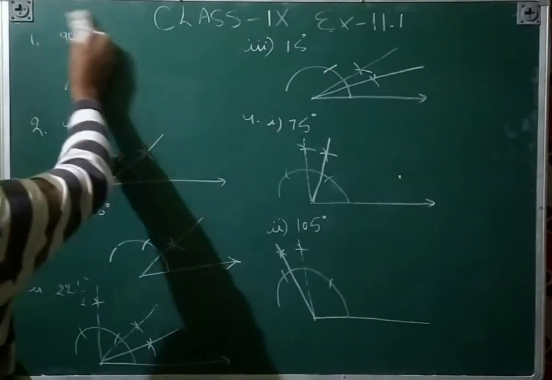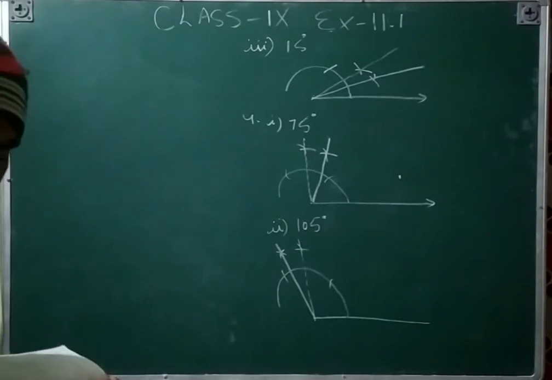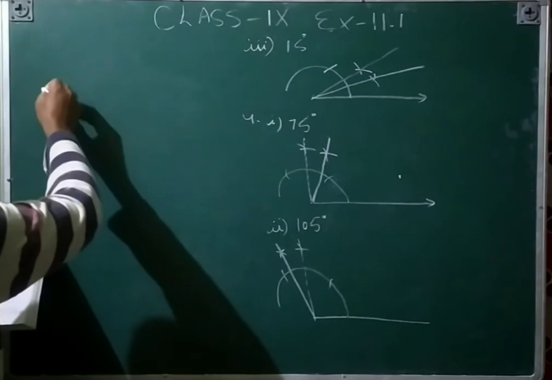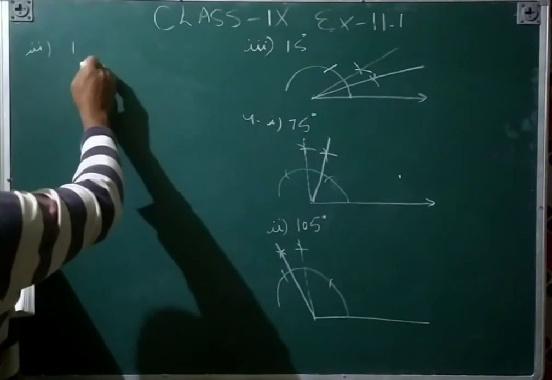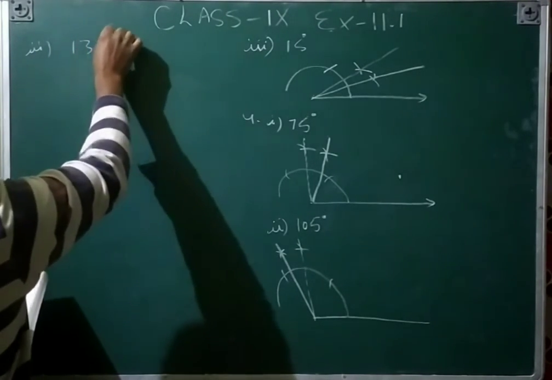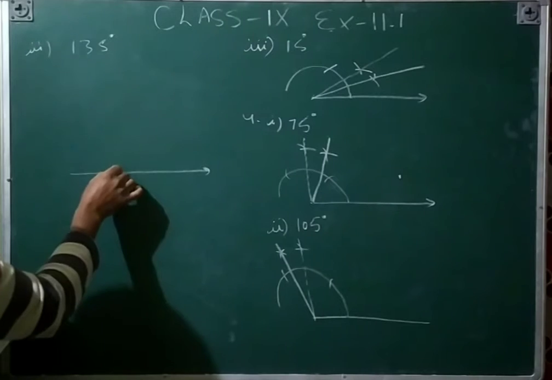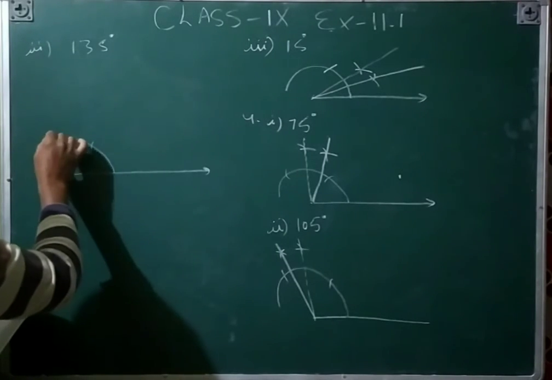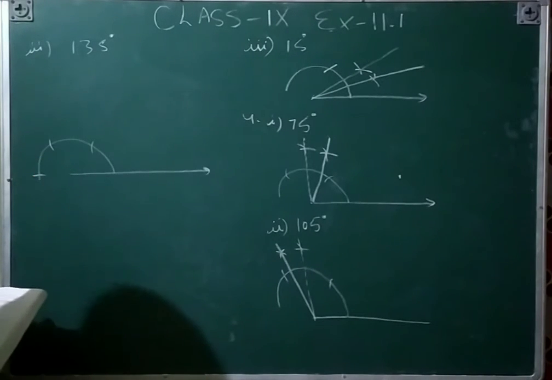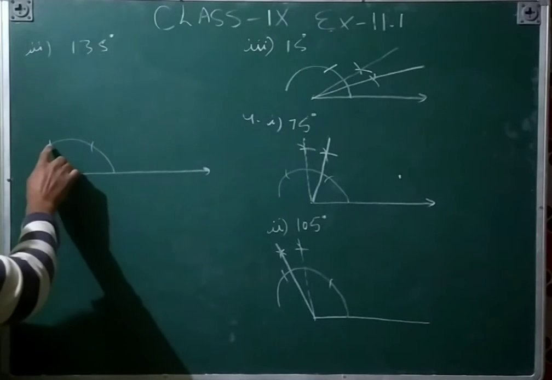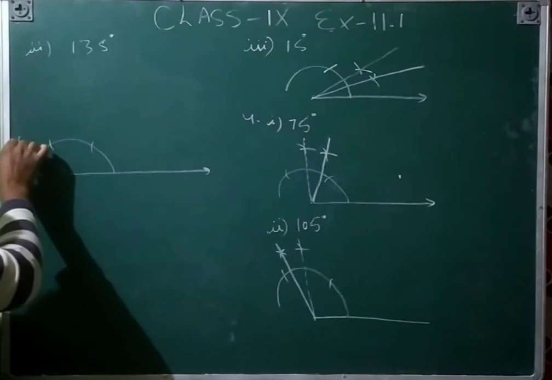Then the third part is 135 degrees. First of all make an arc, and then 90 degrees. Then a third arc also here, the 60, 120, 180, and then from these two points you cut that.